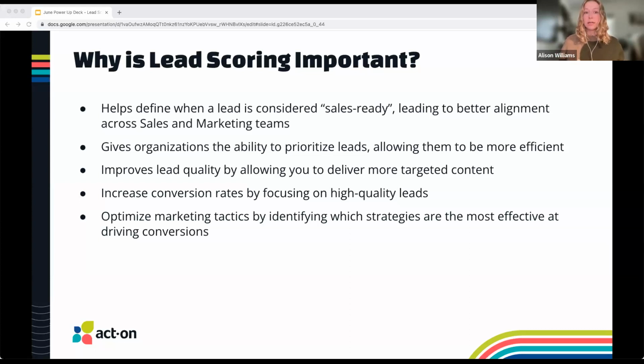Helps improve lead quality so that you can deliver more targeted content. And because of that, you can increase conversion rates because you are focusing on leads that are ready, that are meeting the specific criteria that you designate. And then it helps you optimize by identifying which strategies are the most effective at driving conversions.